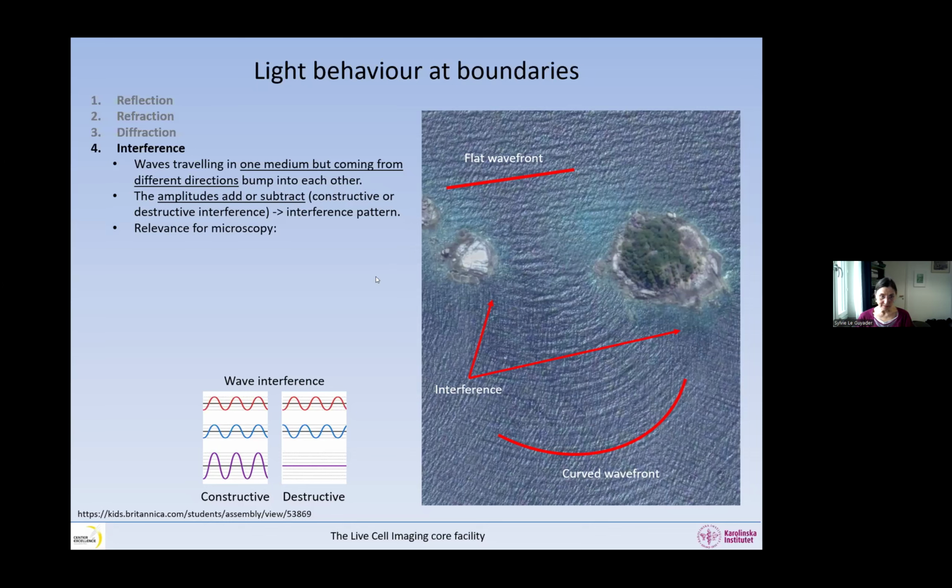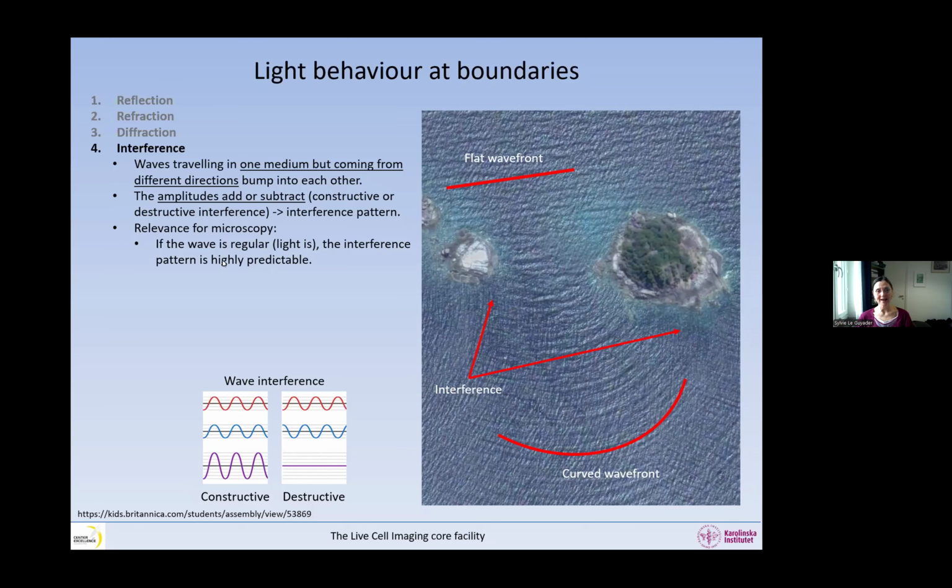And why do we care as microscopists? The waves at the surface of the sea are not very regular, but light is a very, very regular wave. Then the interference pattern is highly predictable. And if it's predictable, we can use math to predict it, to manipulate it, and to see what is going to happen.